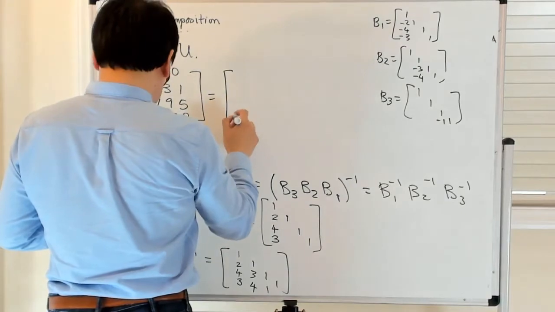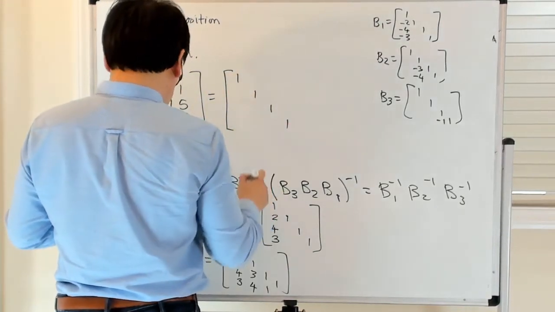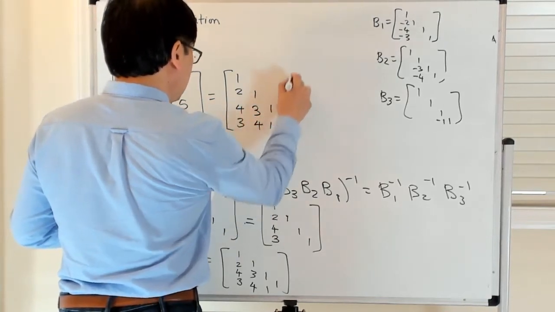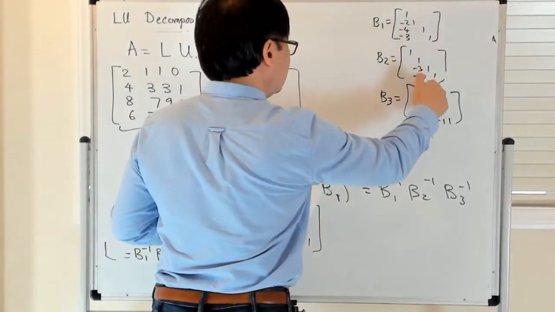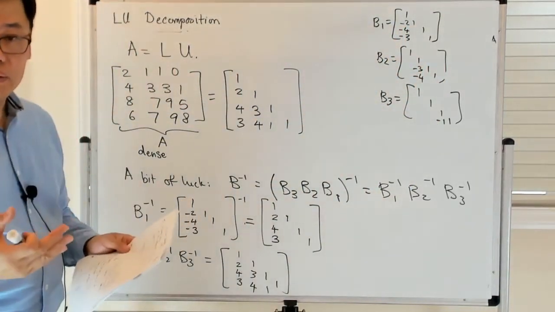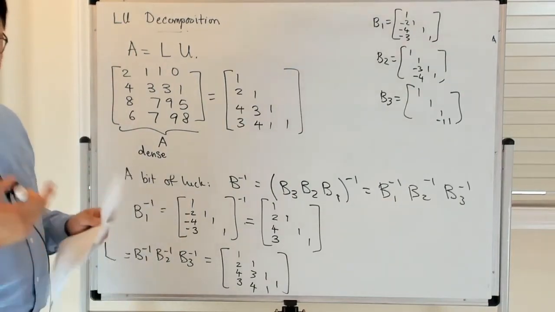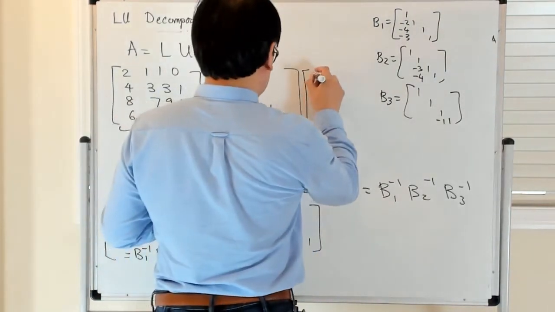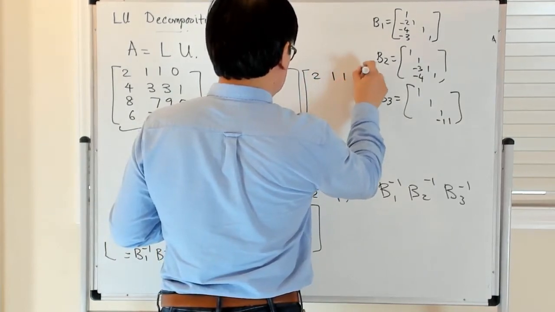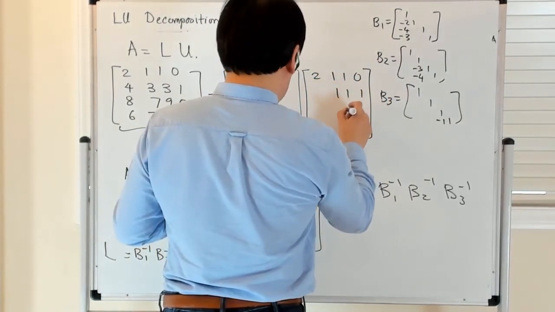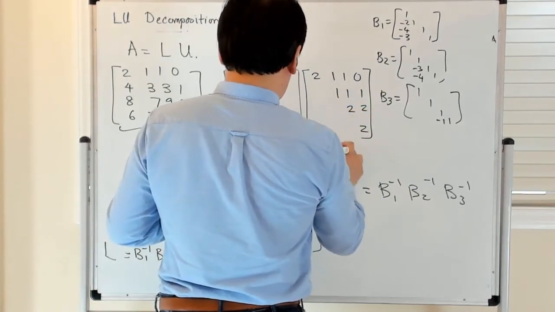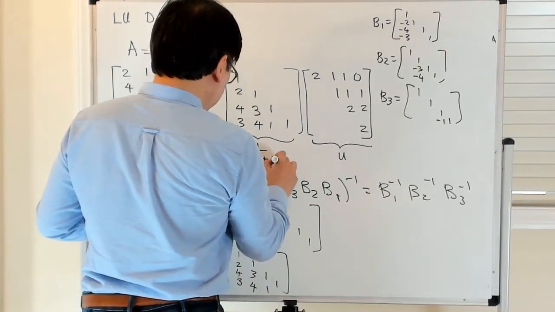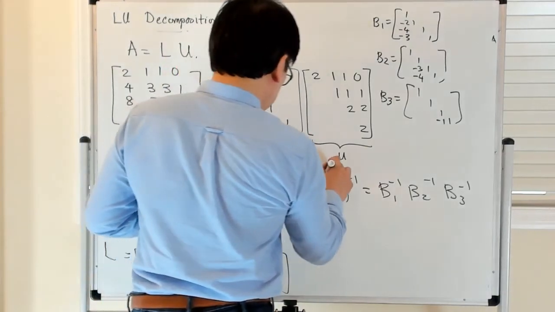Then I can write this as a lower triangular matrix with 1s along the diagonal, and 2, 4, 3, 3, 4, and 1 below it. Again, all these entries come from the B1s, B2s, and B3s, which represent the elementary row operations you needed to do Gaussian elimination. And then the upper triangular part is the output of the Gaussian elimination: 2, 1, 1, 0, 1, 1, 1, 2, 2, and 2. So this is lower triangular, and this is upper triangular.